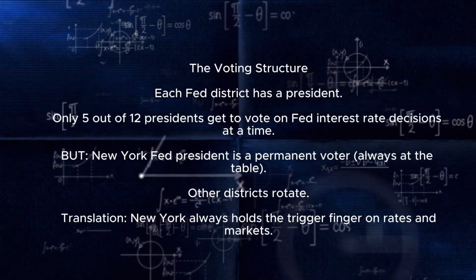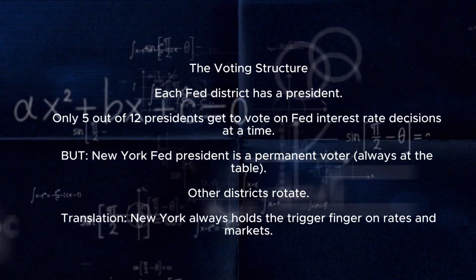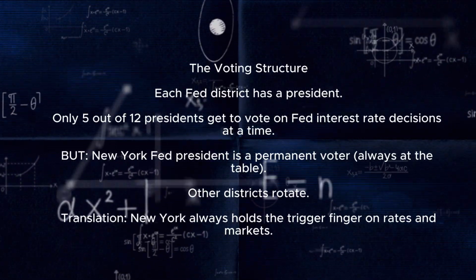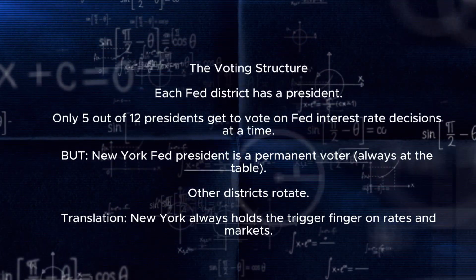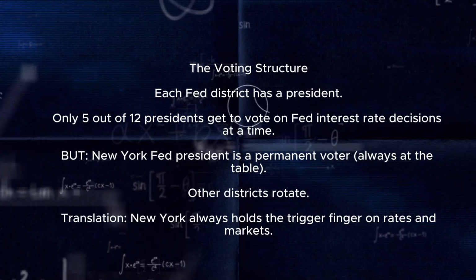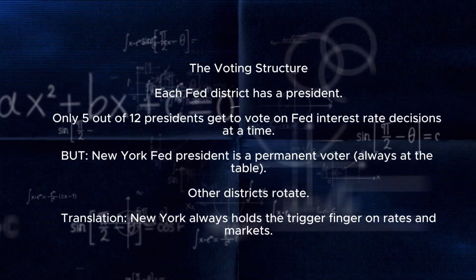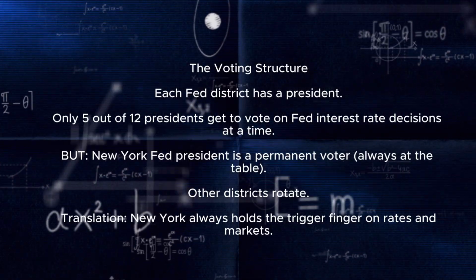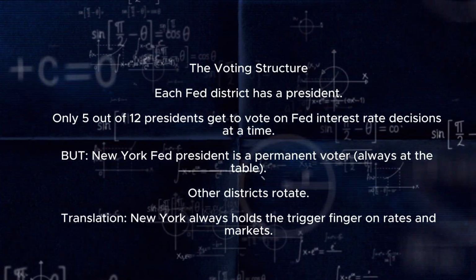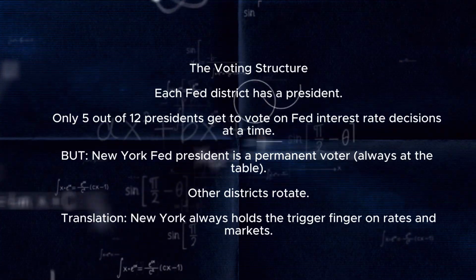The voting structure. Each Fed district has a president. Only 5 out of 12 presidents get to vote on Fed interest rate decisions at a time. But the New York Fed president is a permanent voter, always at the table. Other districts rotate.